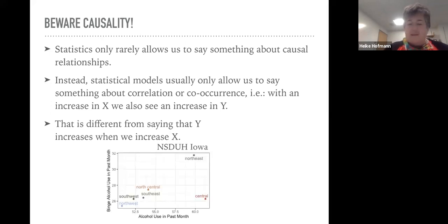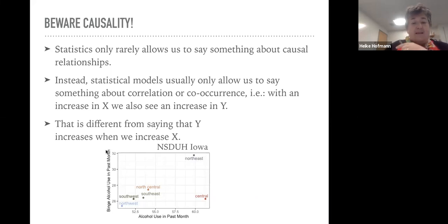So here's, for example, some numbers from the National Survey of Drug Use and Health for 6 regions in Iowa. And what we can see here is alcohol use in the past month. This is the percentage of respondents who had some alcohol in the past month.